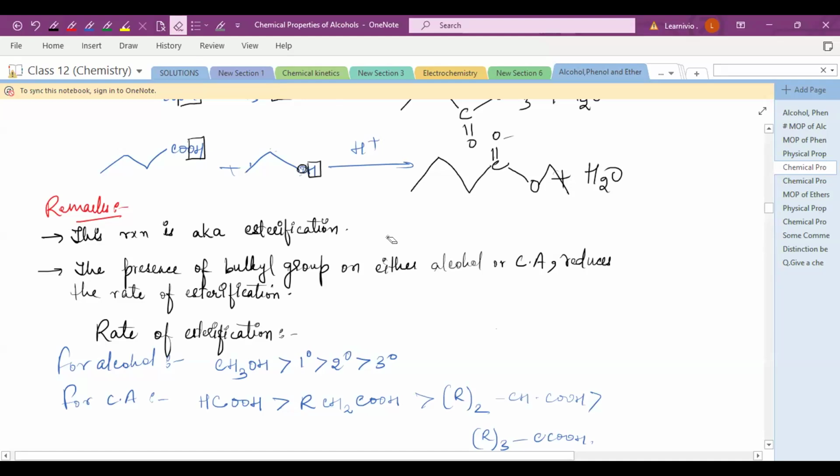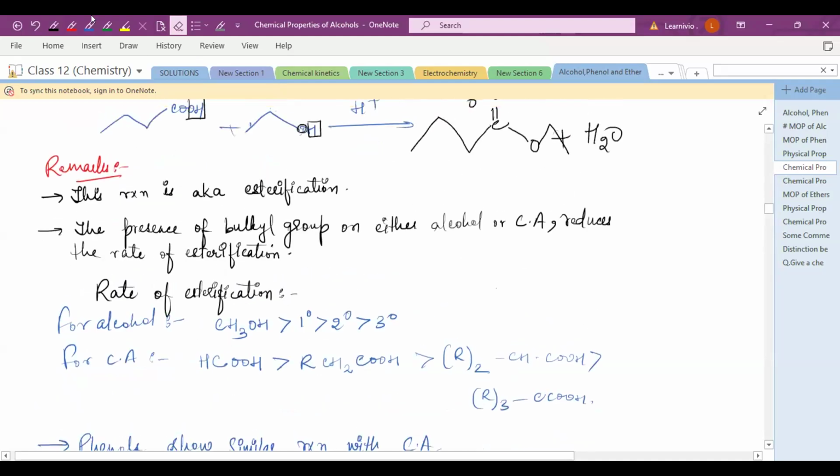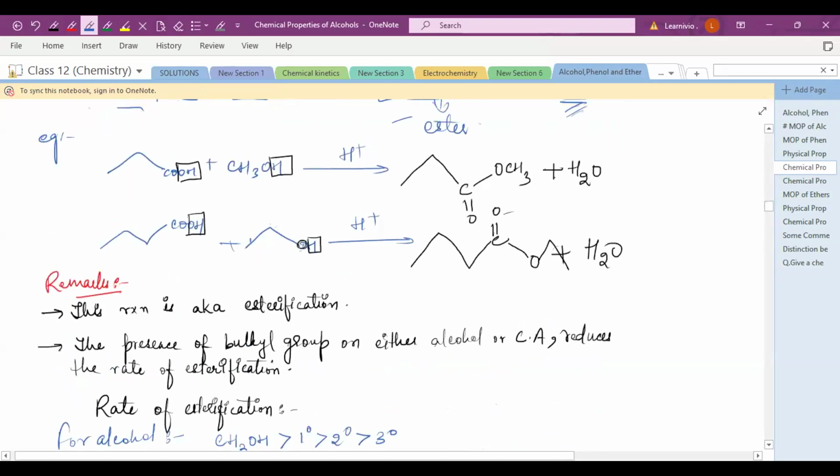Next one. Can you please tell me the name of this product? This is your ester, right? And this is your ethyl group. This whole group, a 4 carbon chain, will be known as butane.